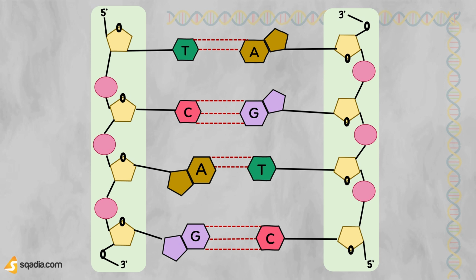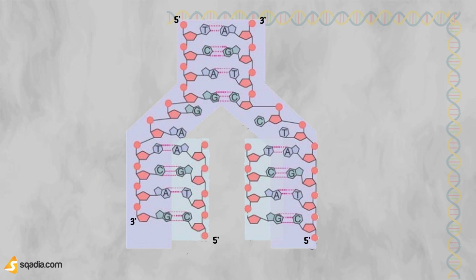Moving forward, the specificity of base pairing suggests that both of the separated parental strands could act as template strands for the synthesis of complementary daughter strands. A new daughter strand is assembled from each parental strand.